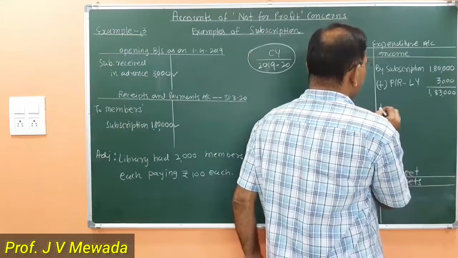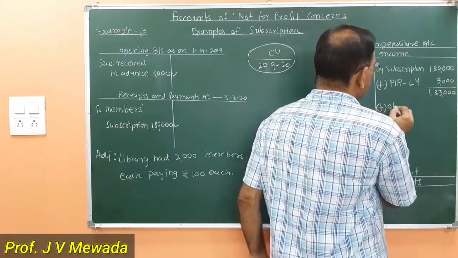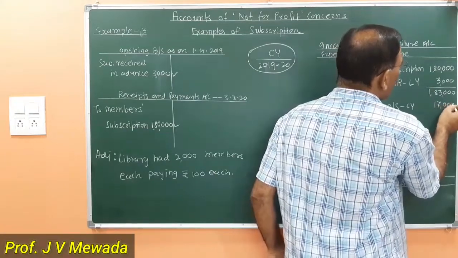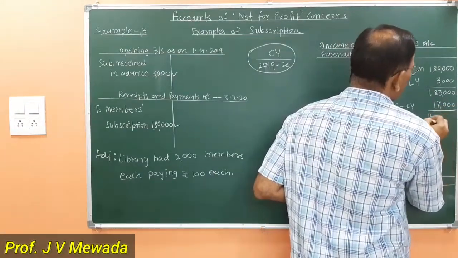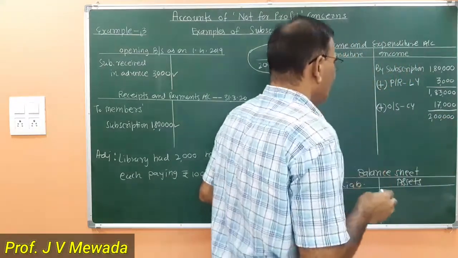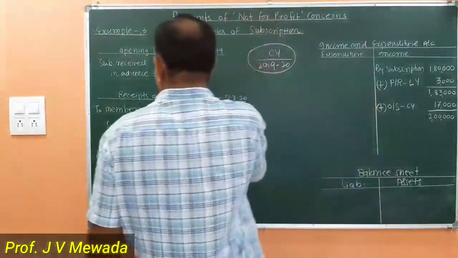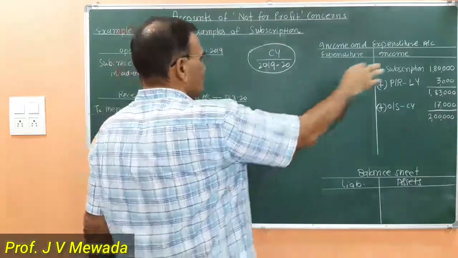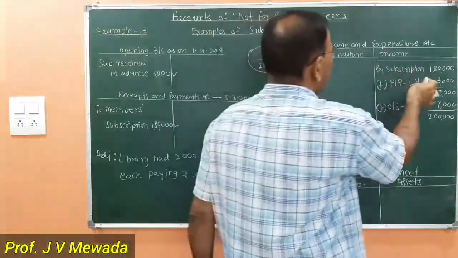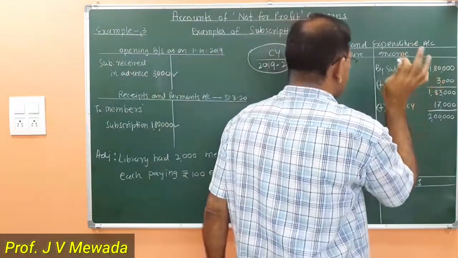So add outstanding of current year 17,000 is the difference. So our total should be 2 lakh. Now receipt and payment member subscription we have done the posting. This is the posting here in the opening balance sheet. So here it is added to the subscription.